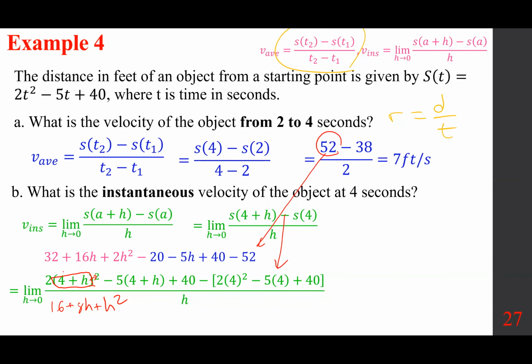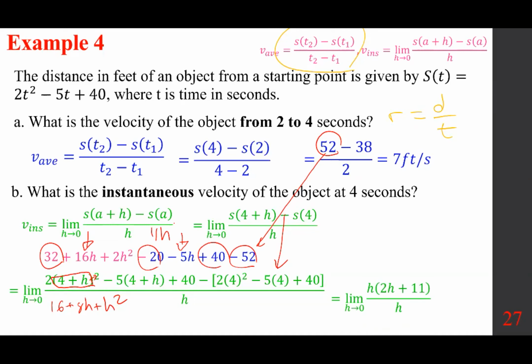Okay. Now, 32, negative 20, 40 minus 52, they add up to 0. 16h and minus 5h, they add up to 11h. With 2h squared, we take the h out. And it becomes 11 feet per second.